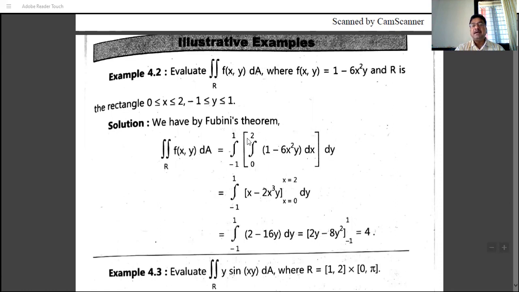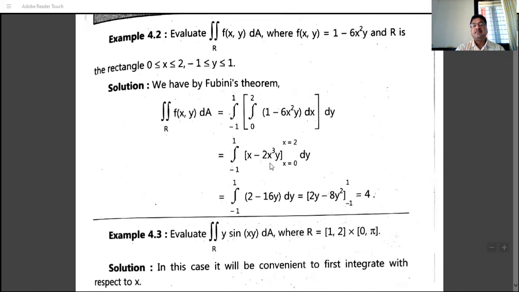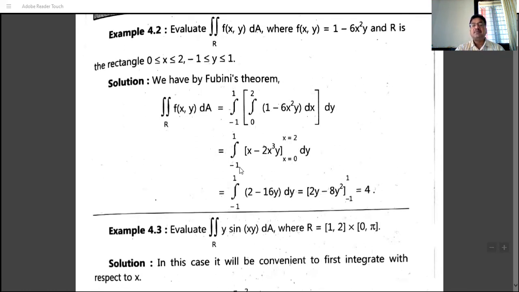Here the limits of x and y are both constant, so whether we integrate with respect to x or y first, we get the same answer. So, minus 1 to 1.